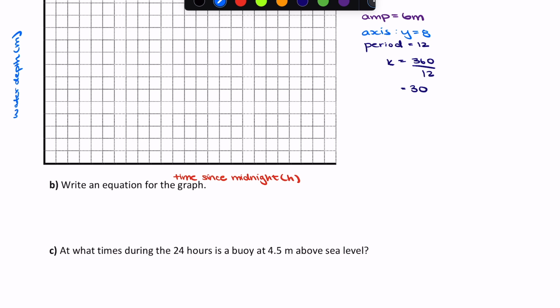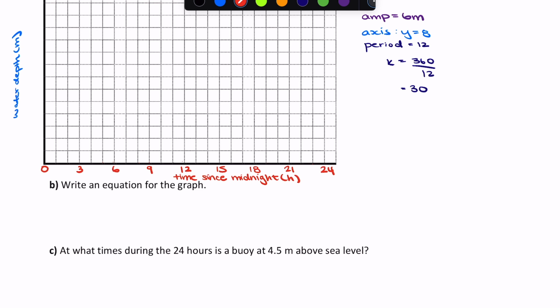On the x-axis, we'll go up by 1, and then we'll show every 3, going up to 24.